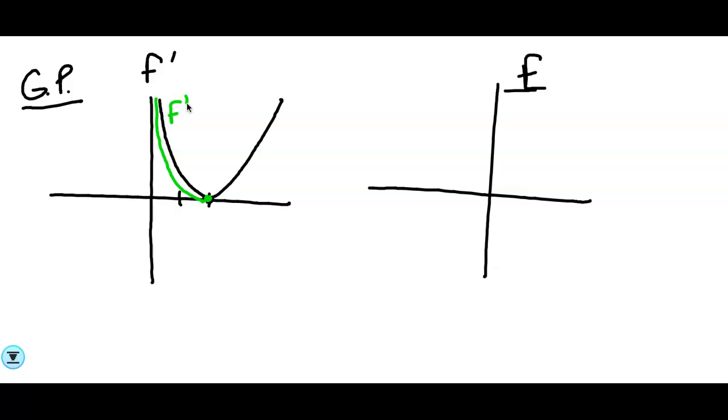Okay, so f prime is decreasing, but that's not what I want you to say. What else do I know about f prime? Is it greater than 0 or less than 0? That's what I want. It's greater than 0. Because it's above the x-axis. So this is a graph of f prime, right? And since it's above the x-axis, f prime is greater than 0. So now, if f prime is greater than 0, what do I know about f?